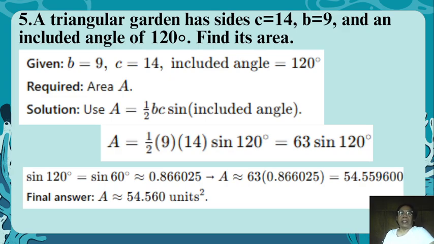So required is the area. So our solution, area is equal to 1/2 times side b times side c times the sine of the included angle, which is angle A, and substitute all the given data. Our final answer is 54.56 units squared.